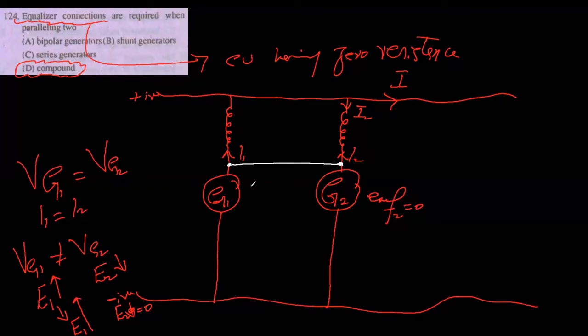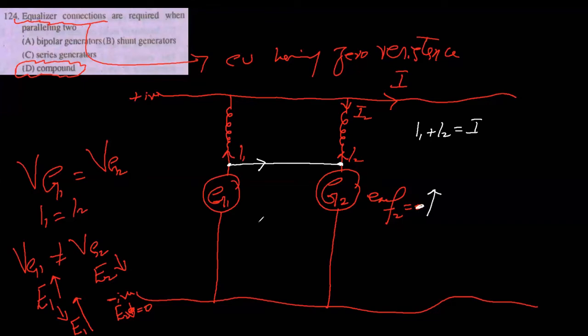So here we have I1 plus I2 is equal to I. If the voltage of G1 is not equal to the voltage of G2, then this generator G1 will generate a high current, and that extra current will also excite the field winding of G2. So the excitation of G2 will increase, due to which its EMF will also increase.